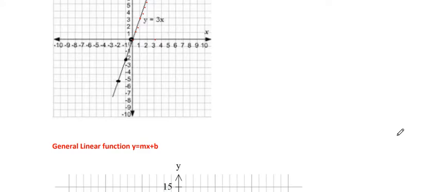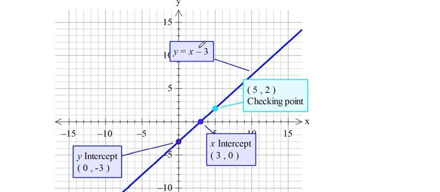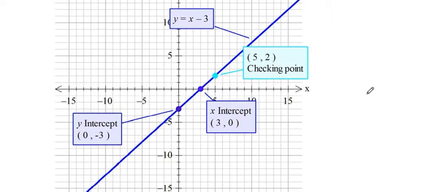A little bit more generally, linear functions are y equals mx plus b. Like this one, y equals x minus 3. For this line, we pick some points.